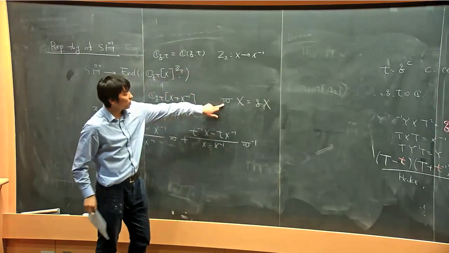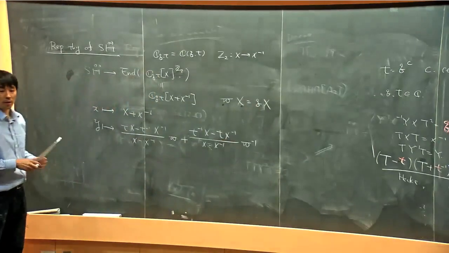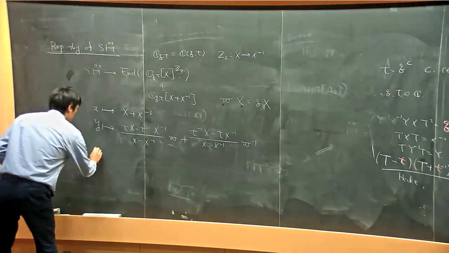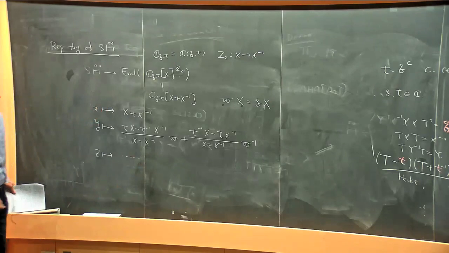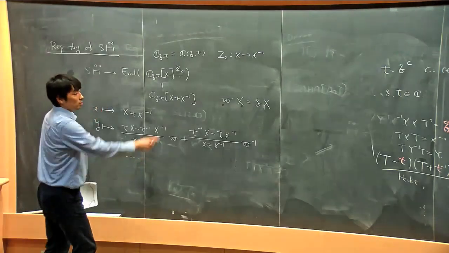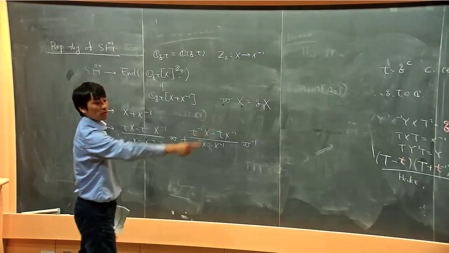If the shift operator acts on x, you get multiplication by q. And the Z2 part also comes from a difference operator. I'm not going to write the explicit form; you can get it from the commutation relations.